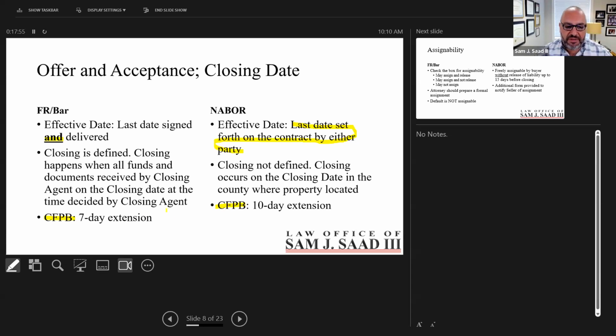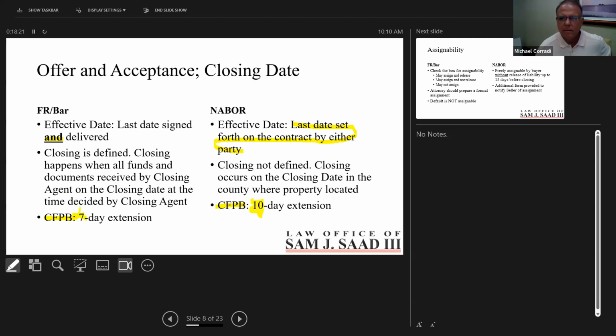It's now only 7 days, whereas NABOR is still at 10 days for an extension if needed for CFPB, Consumer Financial Protection Bureau compliance. And of course, that's your closing disclosure delivery, which the buyer has 3 days to review the CD to make sure they want to go through with the deal, even though they do not have a right to terminate.